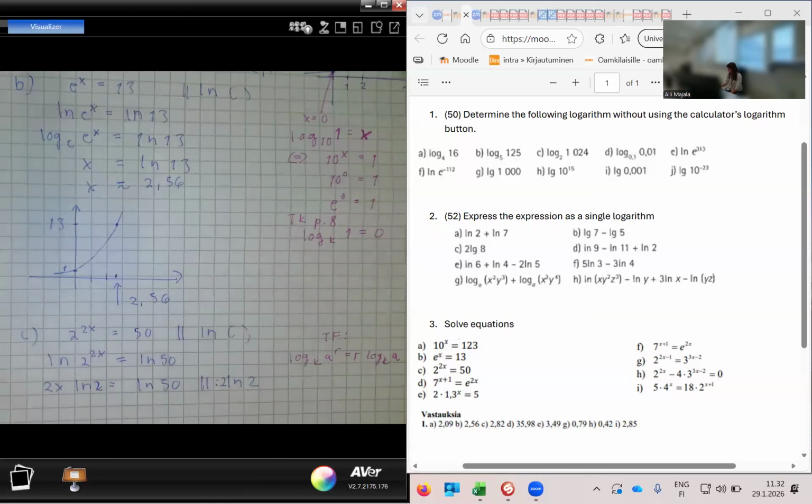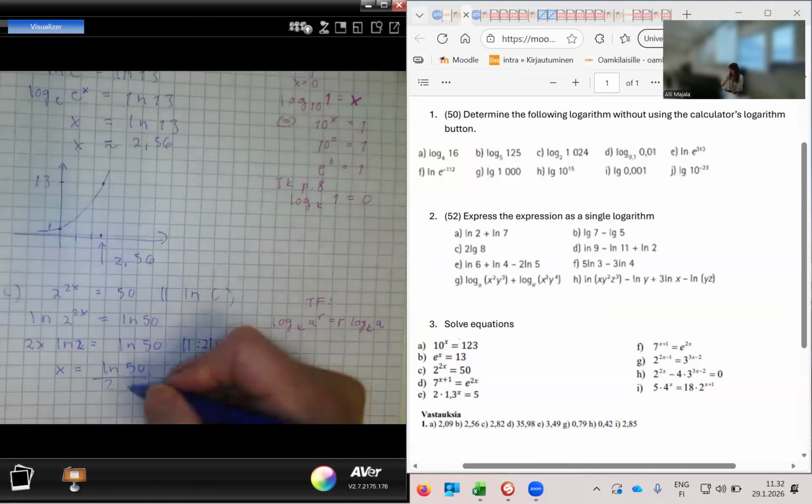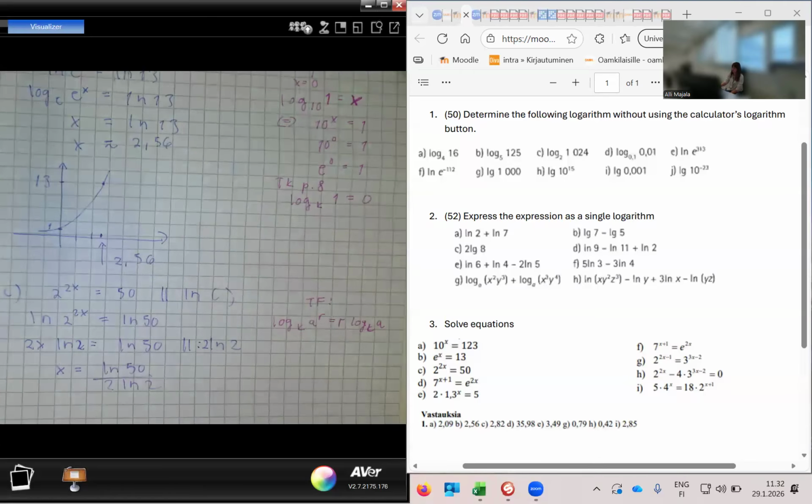So then I have only the x there, the ln 50, and under here I have the 2 ln 2. This looks nasty, and I can modify it, but I don't have to.